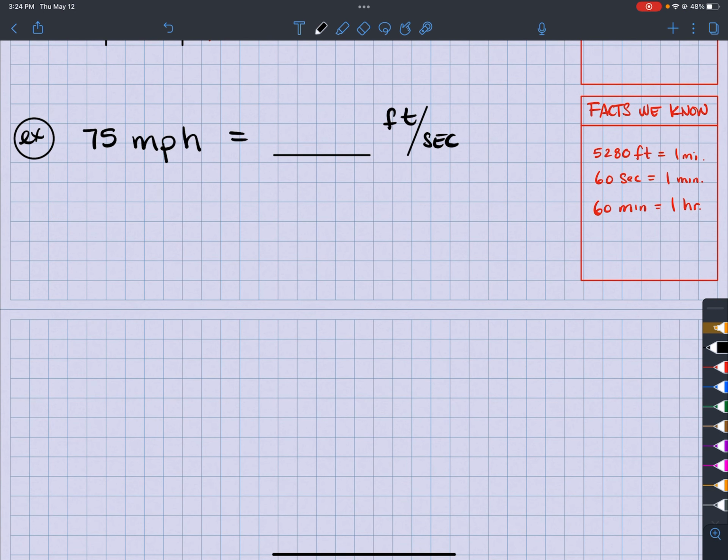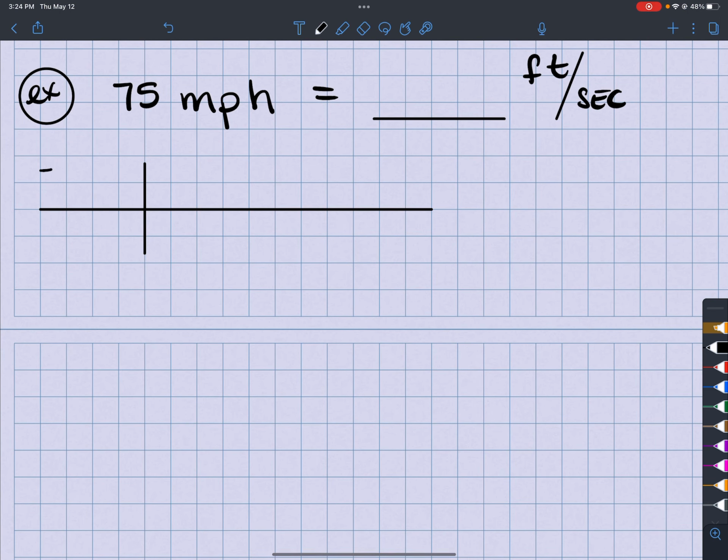So when I create the table, anytime it says per, like miles per hour, that per just means to divide. So essentially what I have here is 75 miles per hour. Now, I want these miles here to be in feet, and I have the relationship between feet and miles.